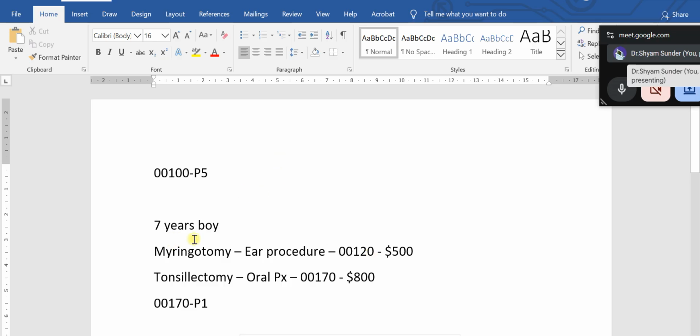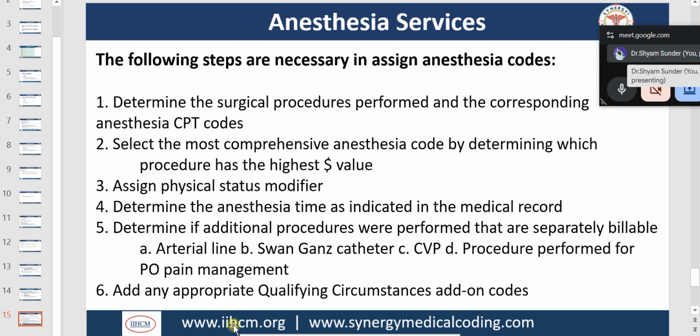For example, anesthesia started at 8 a.m. and ended at 9 a.m. That is 60 minutes. There is a field for minutes, and every 15 minutes is 1 unit, so 60 minutes is equal to 4 units.